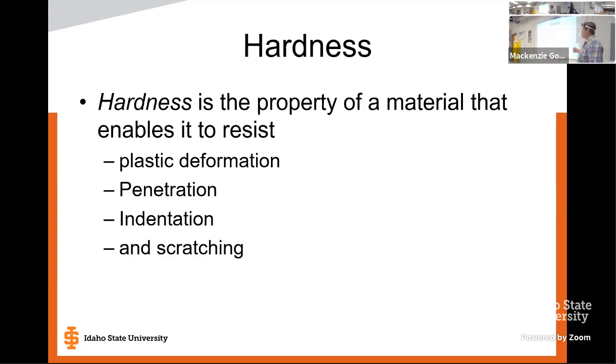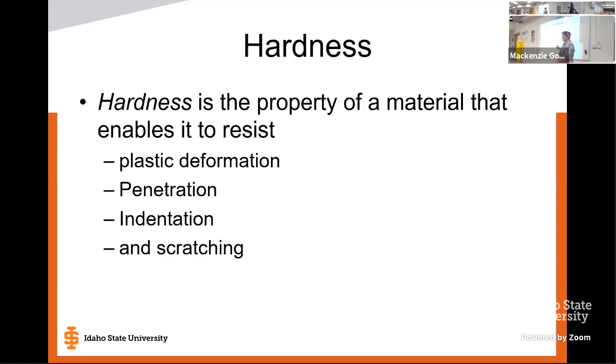If we have friction, if we have something scraping against it, scratching it, attempting to corrode it, flowing past it and trying to erode it, or that area of plastic deformation where we're not worrying about failure, but we are worrying about misshaping temporarily. Hardness resists these.